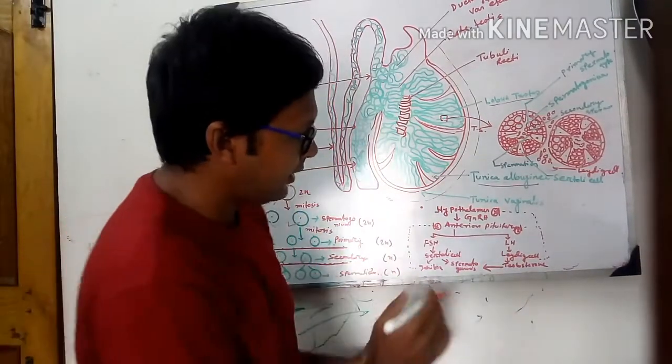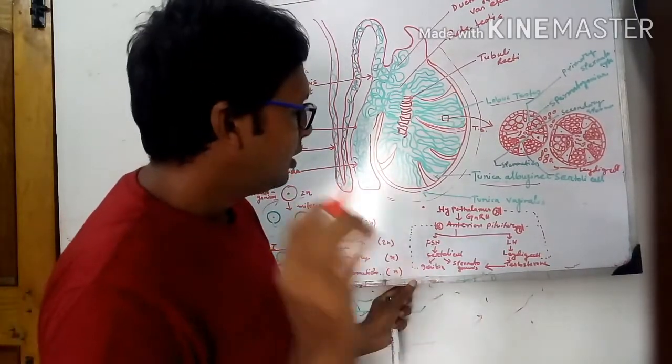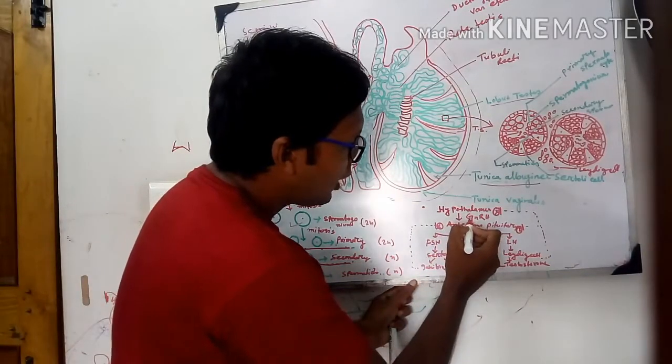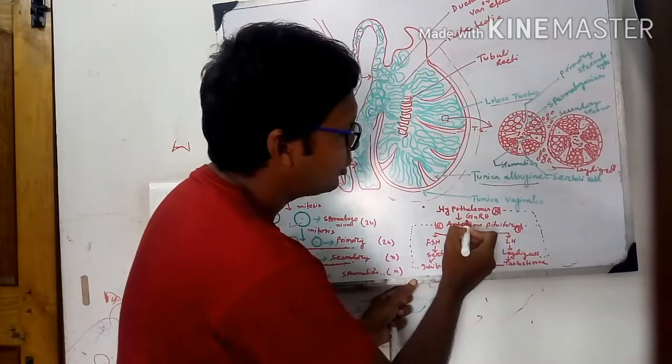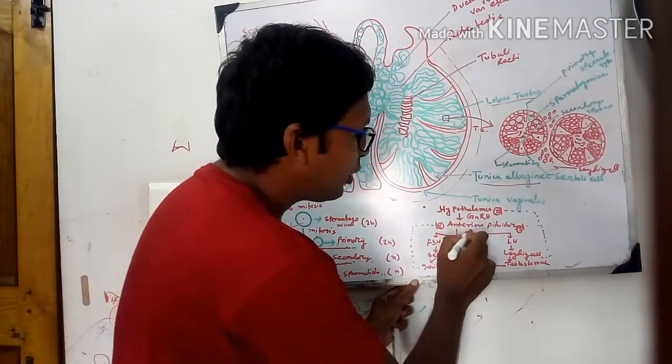Please look closely here. This is the hypothalamus. We know that all releasing factor hormones are produced by the hypothalamus. So gonadotropin releasing hormone is produced by the hypothalamus. It mixes into the blood and comes to the anterior pituitary.